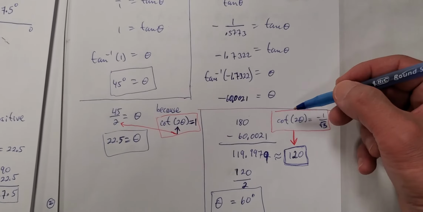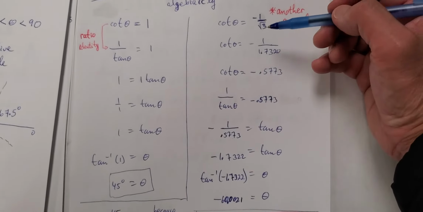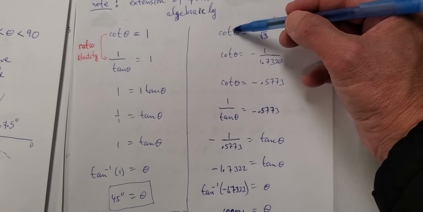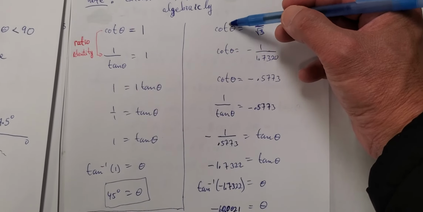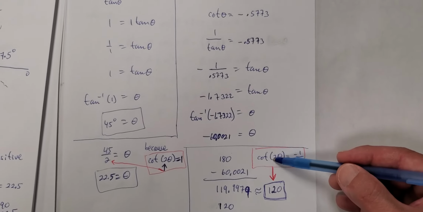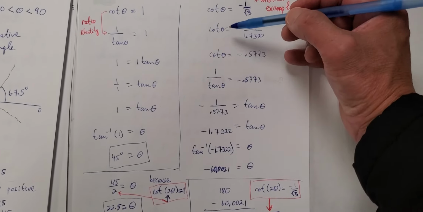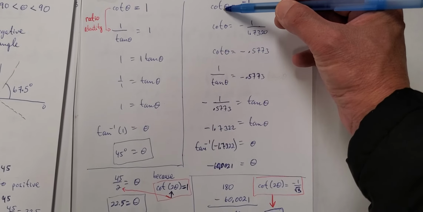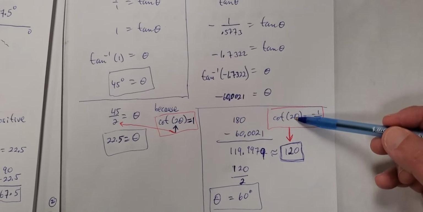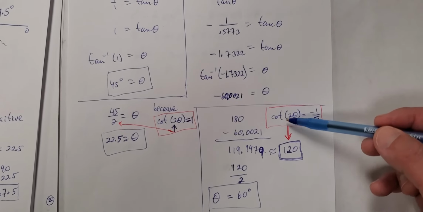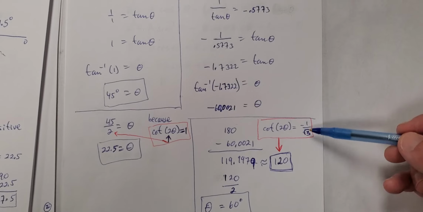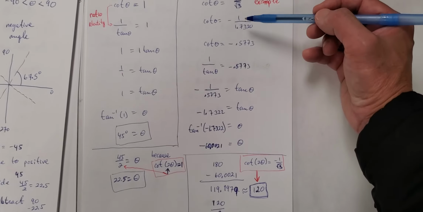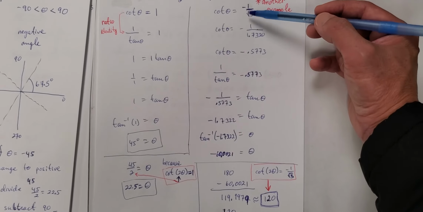Again, where did this 2 come from? It's supposed to be up here. I just ignore it because I don't want that 2 to be distracting. That's why I ignored it. And then divide by 2. So cotangent 2 theta equals negative 1 over radical 3, which is exactly what I have up here.